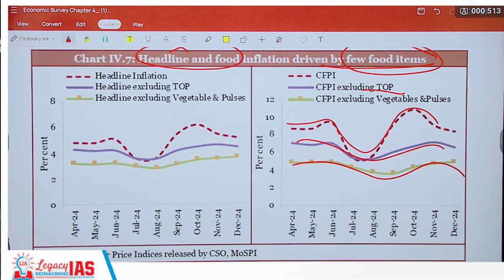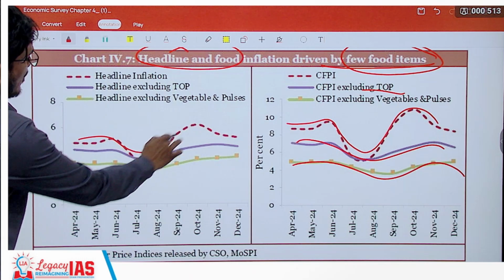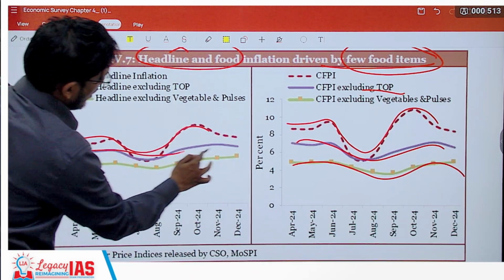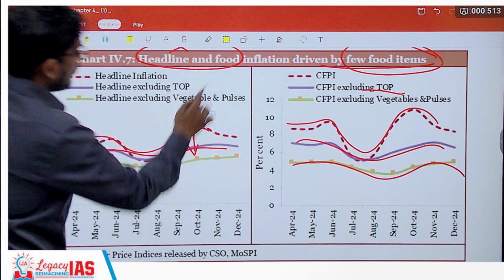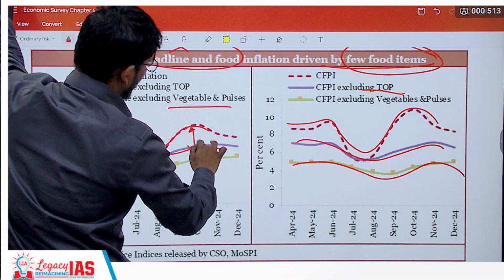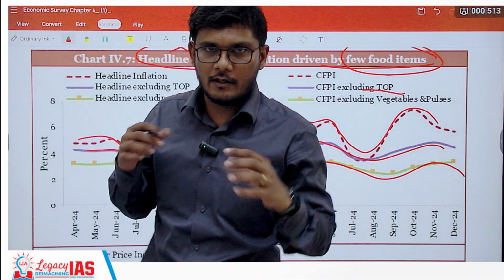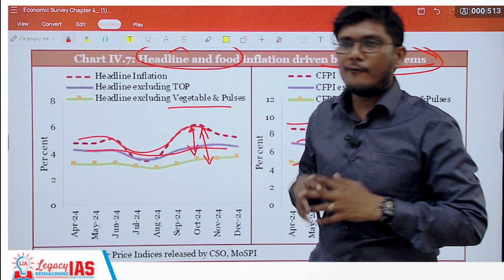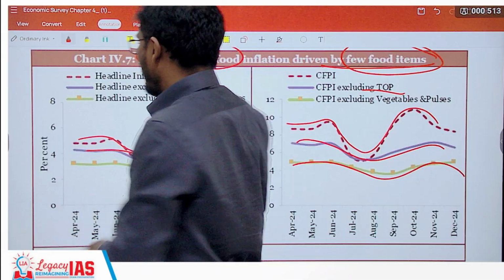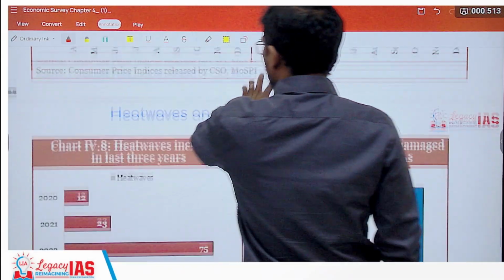When it comes to headline inflation, it is this. If you remove tomato, onion and potato, it goes lower. You can clearly see the difference. If you remove the entire vegetables and pulses, you can see there is even more difference. So vegetables and pulses are causing high food inflation, and specifically tomato, onion and potato.